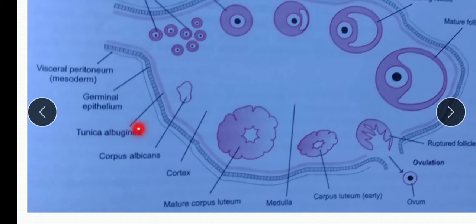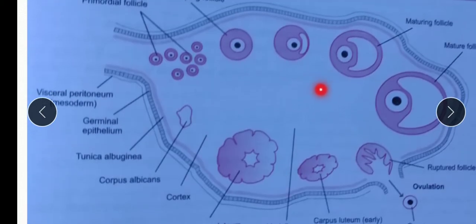And there is a single layer of germ cells called the germinal epithelium also, made up of simple cuboidal epithelium cells. So this is the germinal epithelium. Now outer to this tunica albuginea, the germinal epithelium is present. So these are the outer layers in the ovary. Now we'll see the structures present in the cortical region.